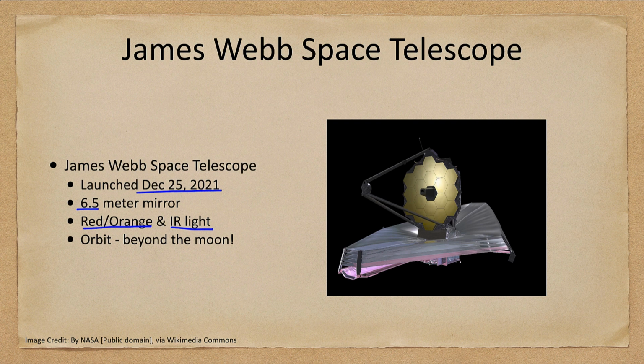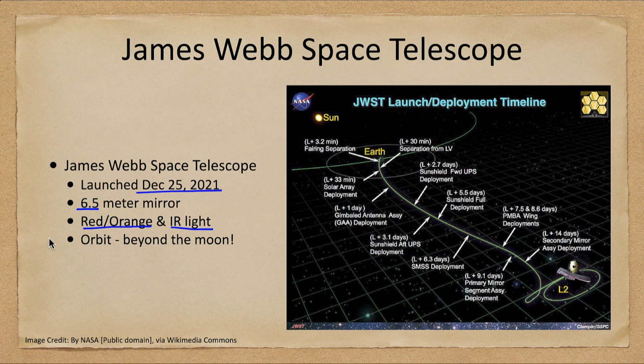And it has a very interesting orbit in that it is out beyond the moon. This shows a little bit about its trajectory as it was launched, with all the different separations, the solar array deployment, and so on, as it traveled out to this distance at what we call the L2 or Lagrange 2 point, a stable point in the Earth Sun gravitational system.